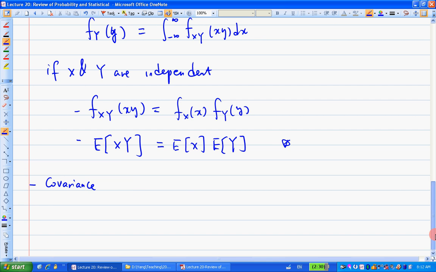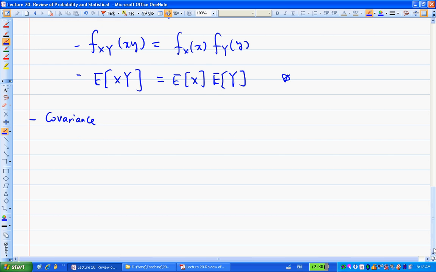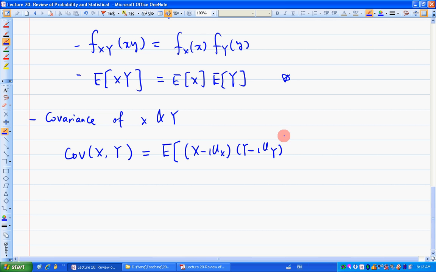Now, because it's two variables here, we're dealing with the so-called covariance of X and Y. We use COV of X, Y to indicate the covariance, and that equals E of X minus mu X, times Y minus mu Y. So this is the covariance.